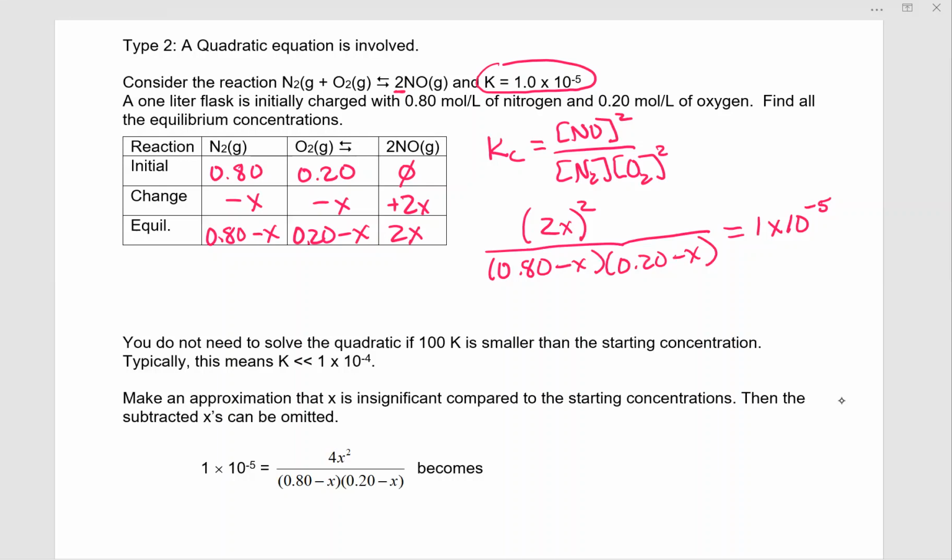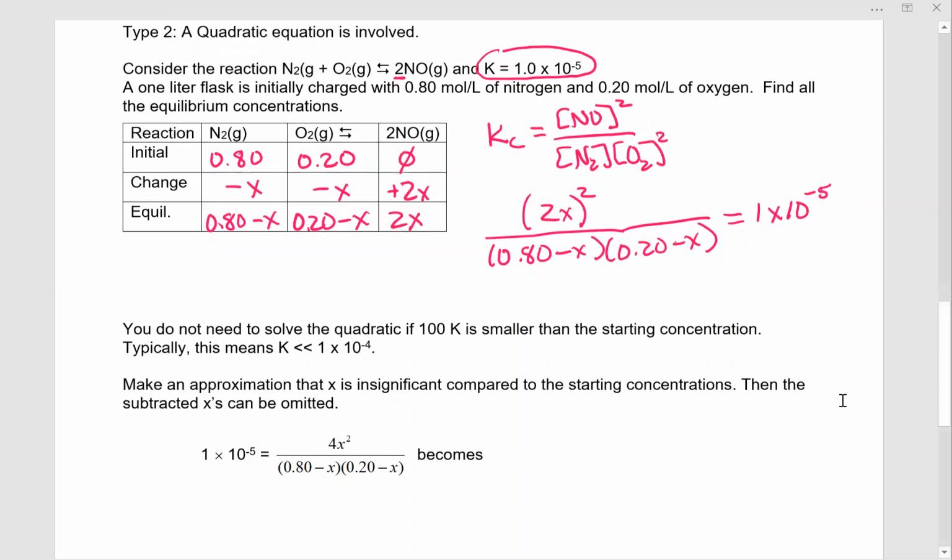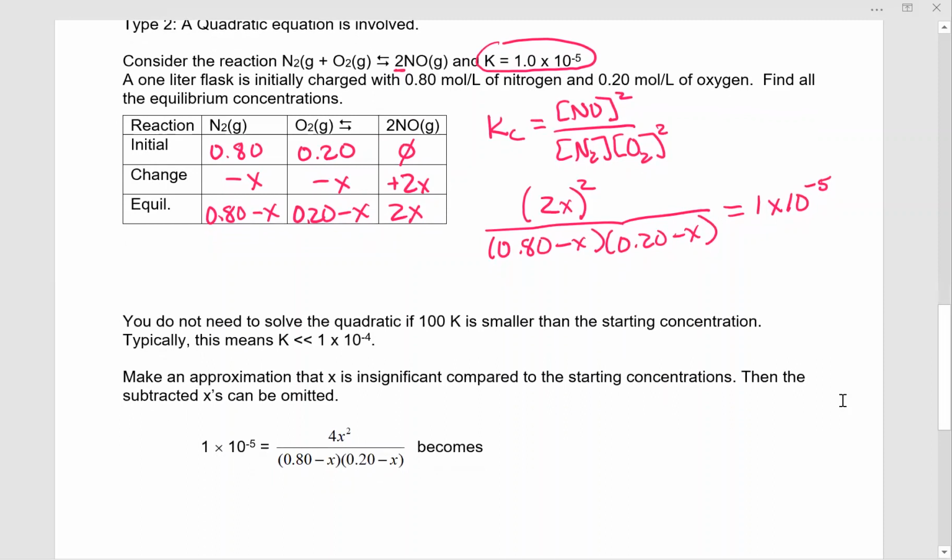All right, we look at that and we go, ew, that's a quadratic. However, you do not need to solve the quadratic if 100K is smaller than the starting concentration. So typically this means that K has to be much less than 1 times 10 to the negative fourth. Why?